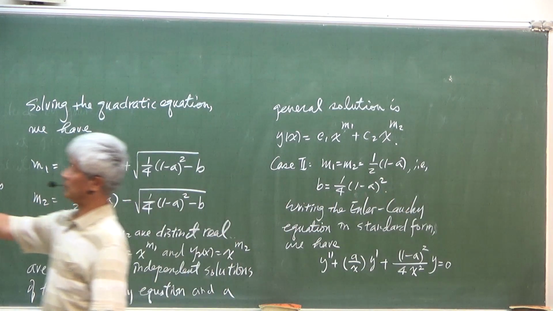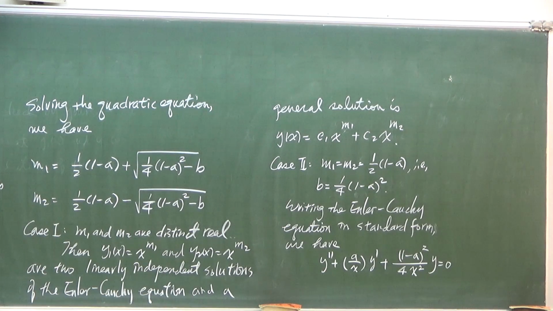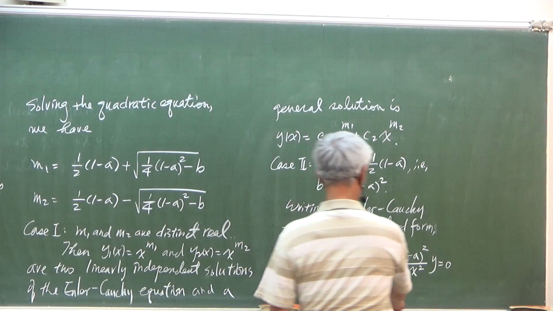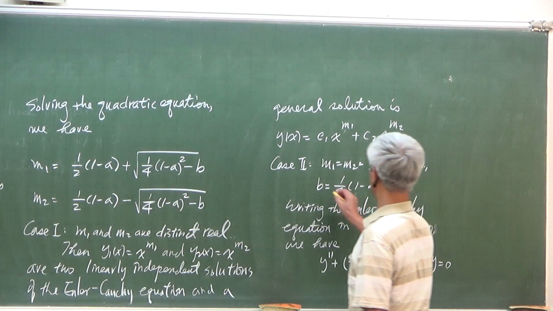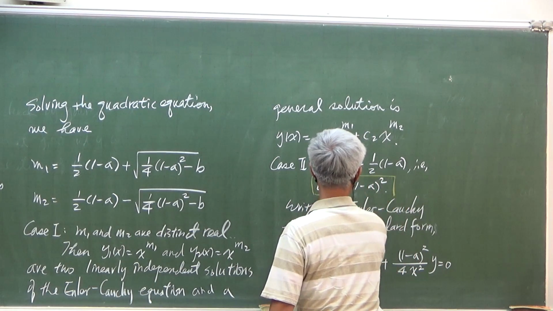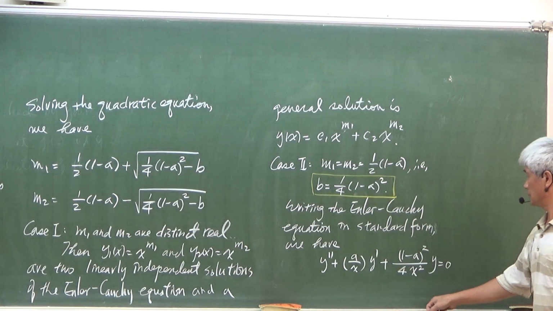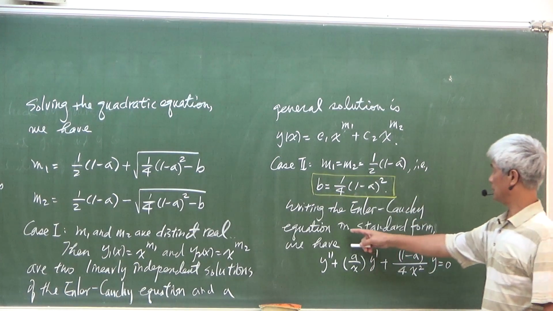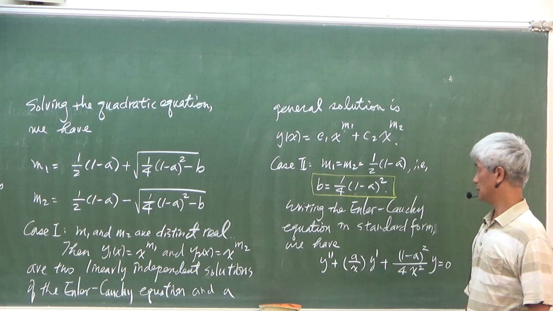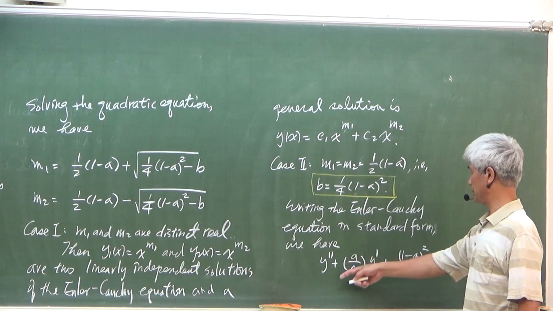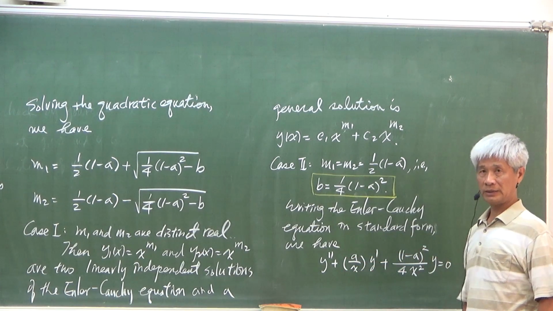Remember b here. And so in this case, we have our Euler-Cauchy equation in standard form.